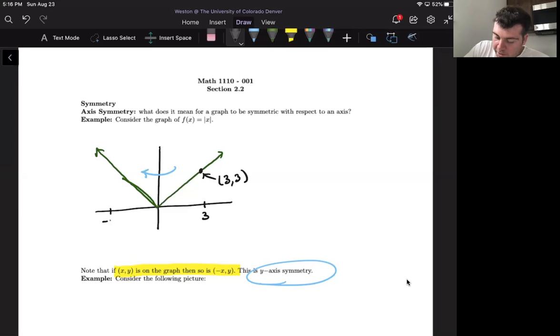And at negative 3, the absolute value of negative 3 is 3. So therefore, this point is negative 3, 3. So it passes the test. We have 3, 3 on the graph, and we also have negative 3, 3 on the graph.